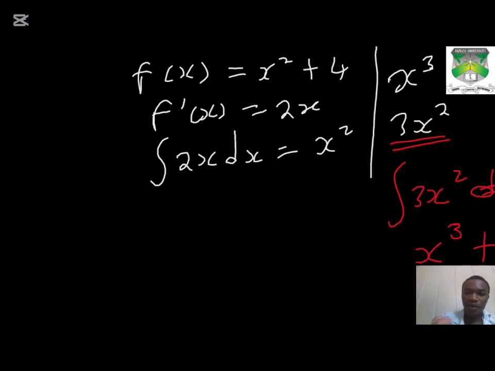That pattern is this: let's assume that you have a constant number a, a variable x, and another constant n. When we are differentiating, we subtract 1 from n. The indefinite integral is the reverse of differentiation, which means we need to follow the reverse of everything.